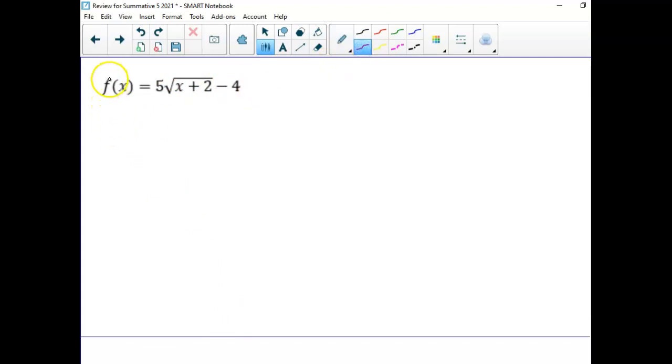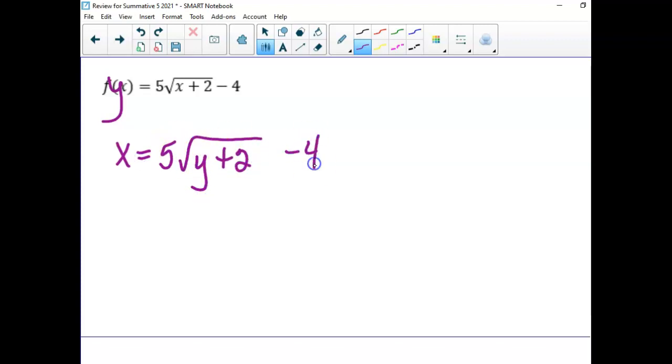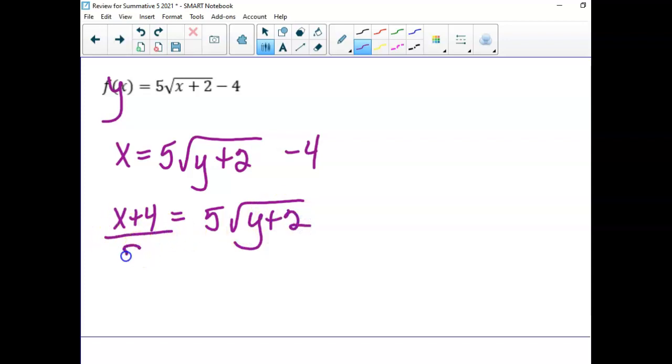All right, the one we skipped, if this was a y, when you switched, you'd have, then you'd add 4 over here. Divide by 5.